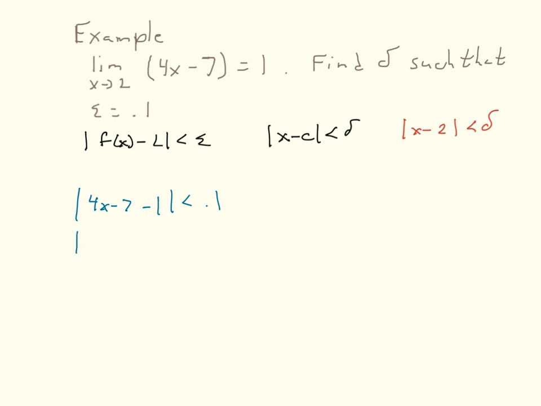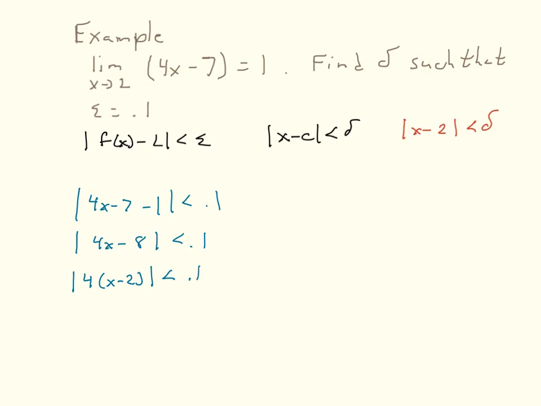Simplifying that, I get the absolute value of 4x minus 8 is less than 0.1. Now remember, I want to transform this so I get x minus 2. Well, in this case, I can pull out a 4, so I get the absolute value of 4 times x minus 2 is less than 0.1.